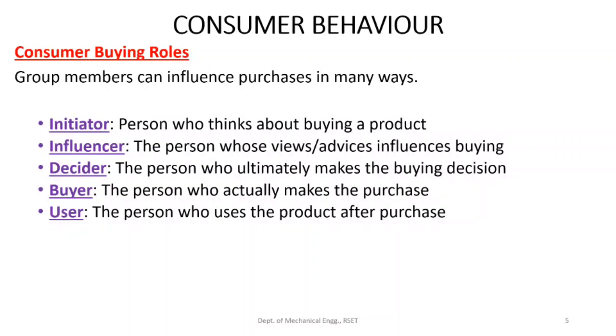So in the same example, while considering different alternatives, views and advice from various people from among the family, like the mother, the father, the siblings in the family, and also from people external to the family, like friends, colleagues, and even the salesperson, influence the consumer's buying decision.